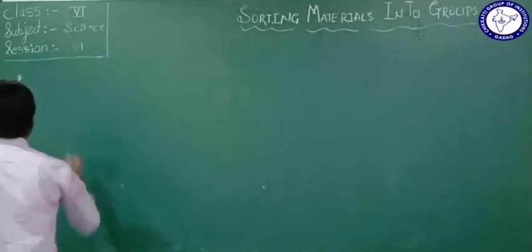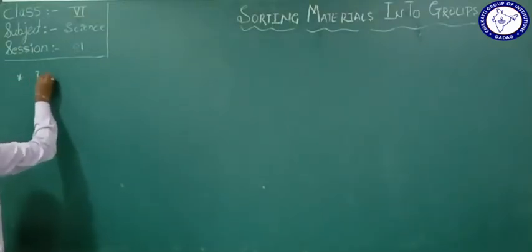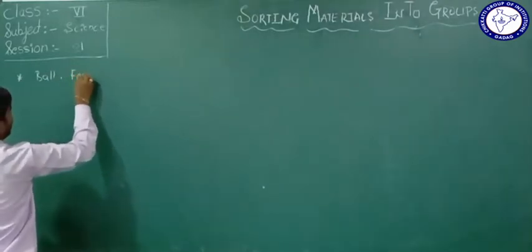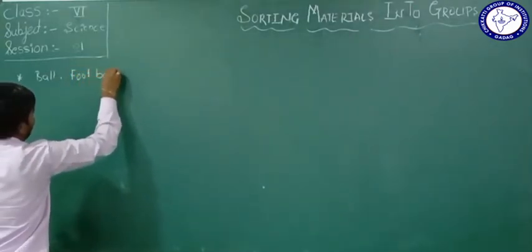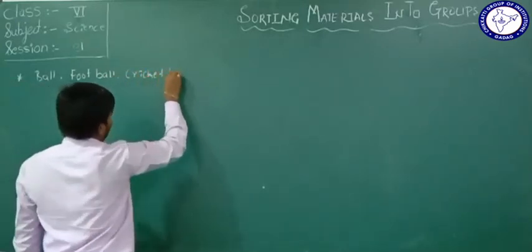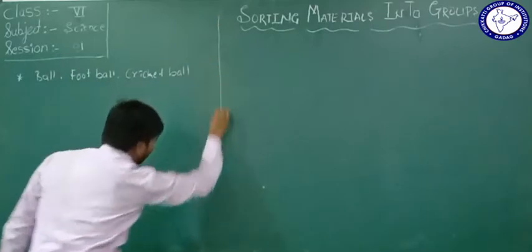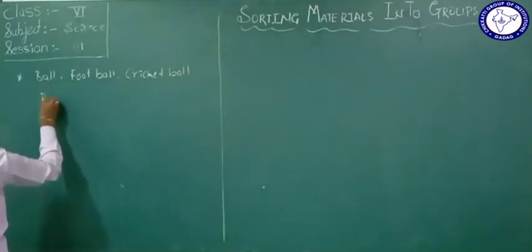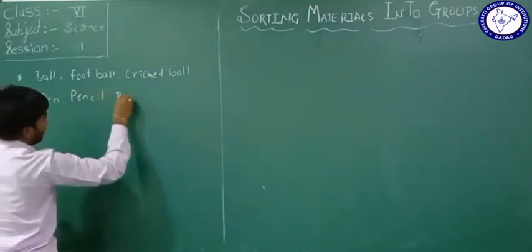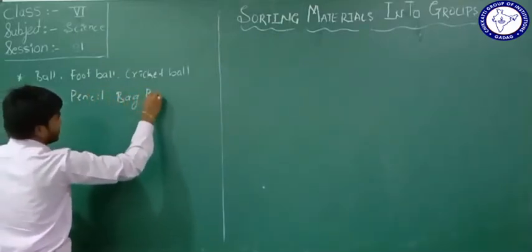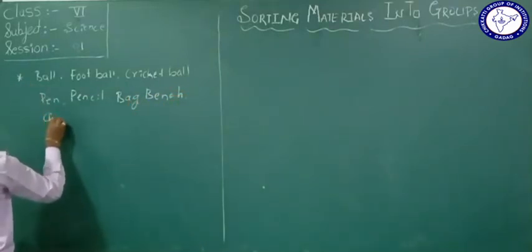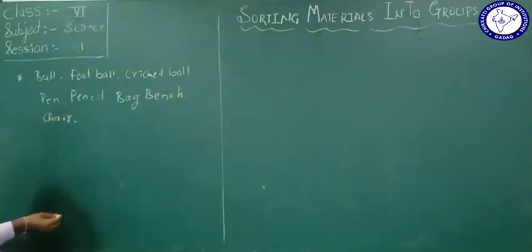That is a ball, a plastic ball, then football, cricket ball, next pen, pencil, bag, bench. Okay, tell me. Then chair, isn't it?